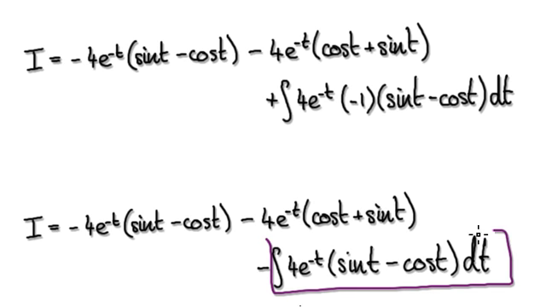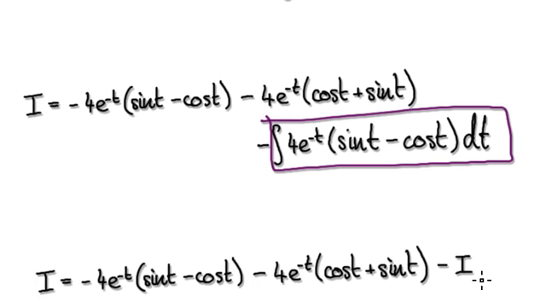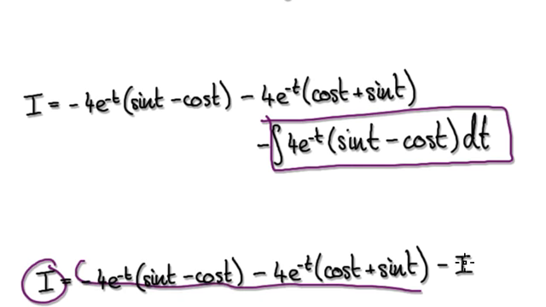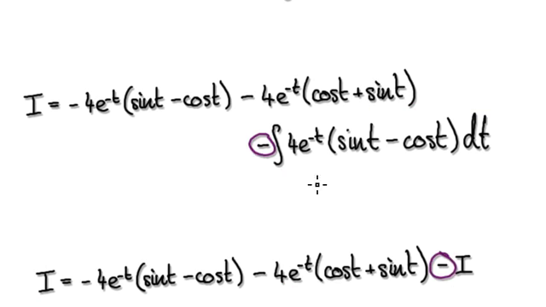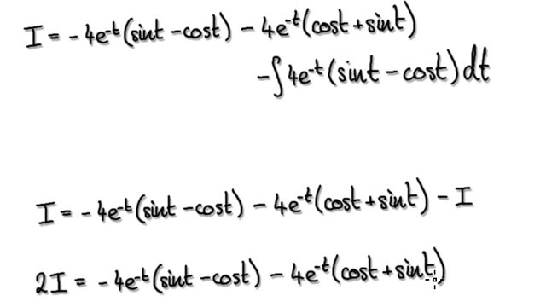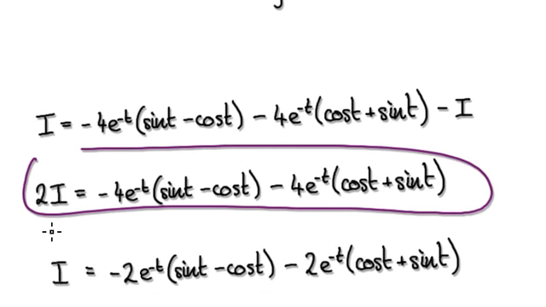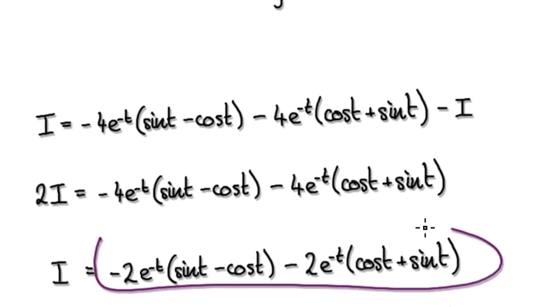So now this thing here is precisely capital I. So we can write I equals blah blah with a minus here, and this whole thing here is capital I. Now add I to both sides. That will then give you this. And then divide both sides by 2. That will then give you this.